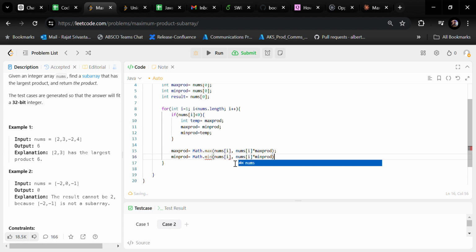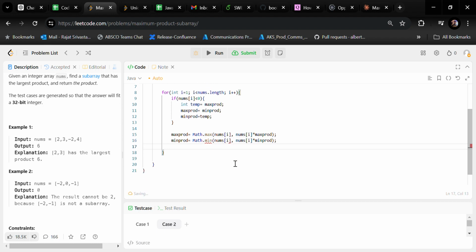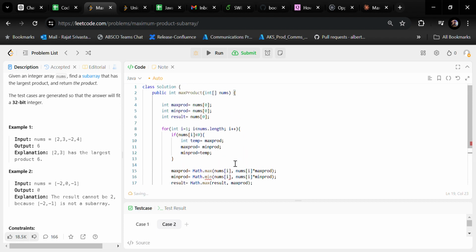So the minimum value between these two, we always keep track of these things. So this is how it goes, and then result contains Math.max of the pre-calculated result and maxProd. And then we return the result here as it is.